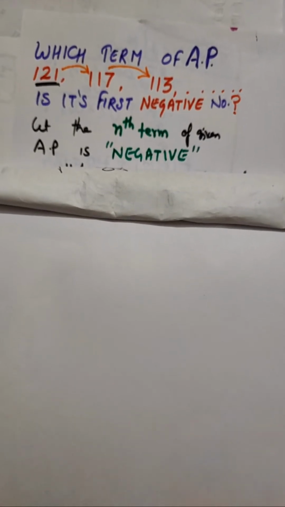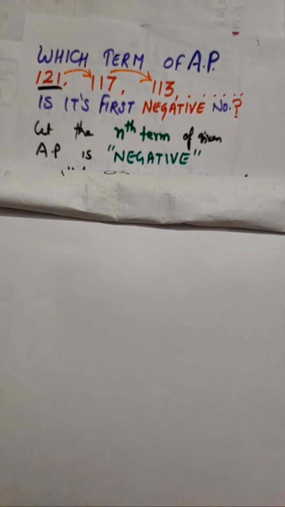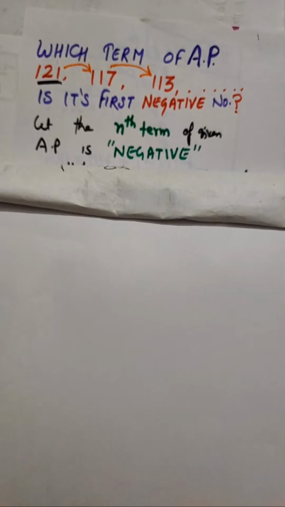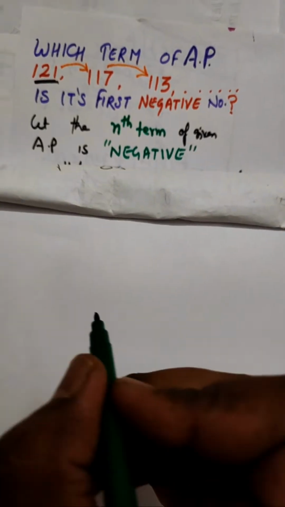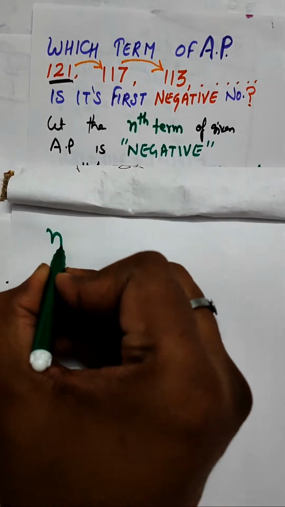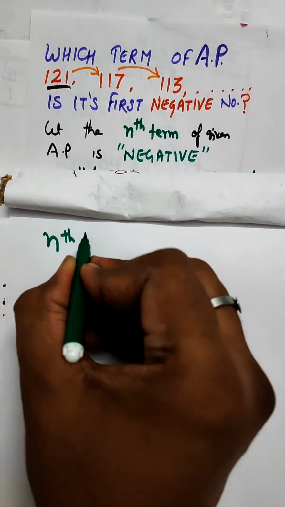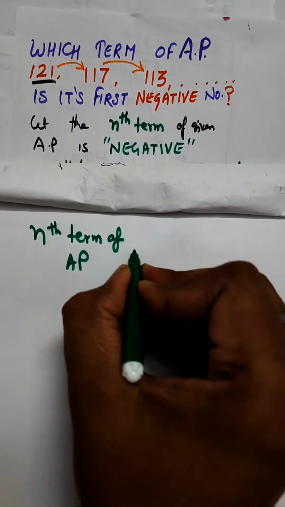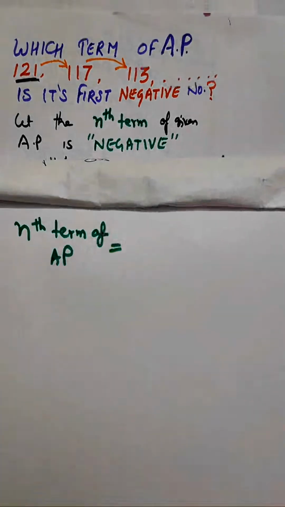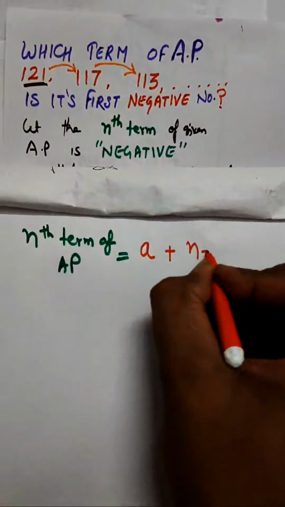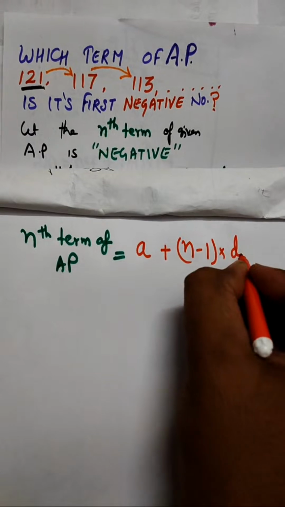Now we know that any nth term of an AP can be calculated very easily by using the formula a plus n minus 1 into d, right? The nth term of AP is equal to a plus n minus 1 into d.